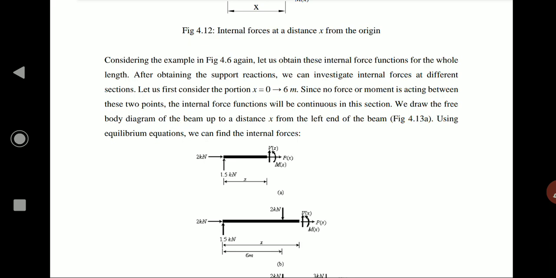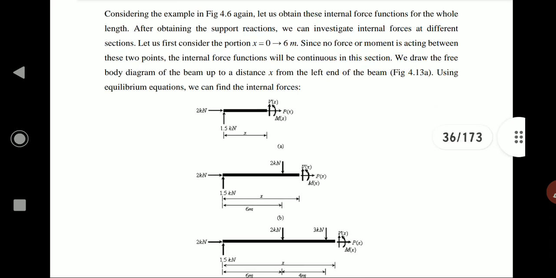Then cutting our section at a distance x from A, we shall have the axial force facing the left, the shear force facing up, and then the bending moment facing the right or the anti-clockwise direction.